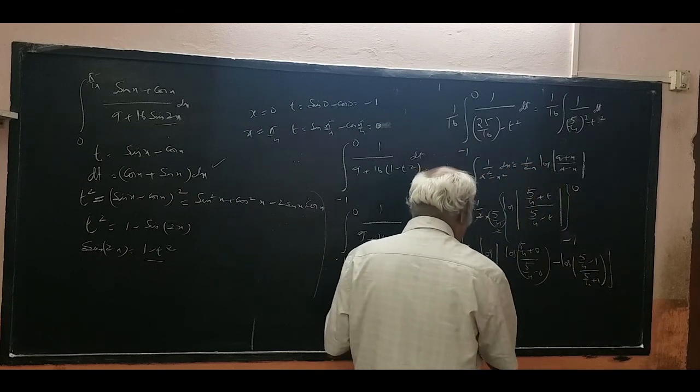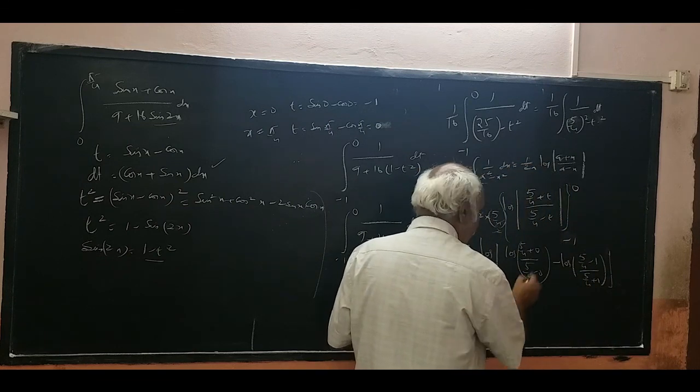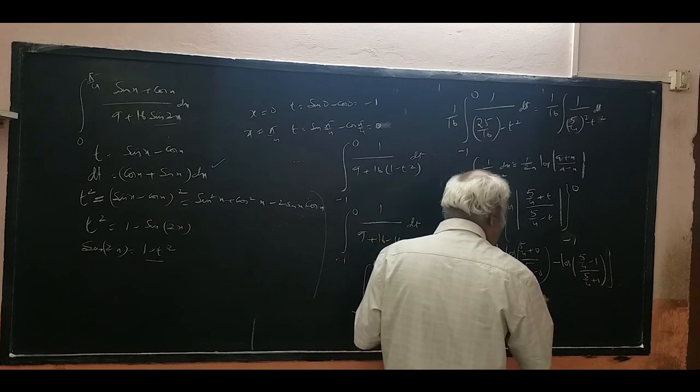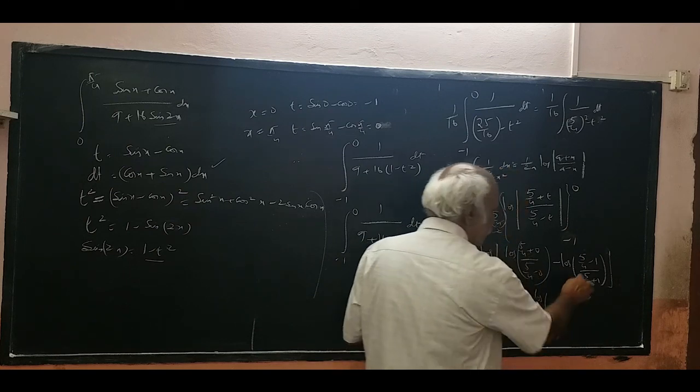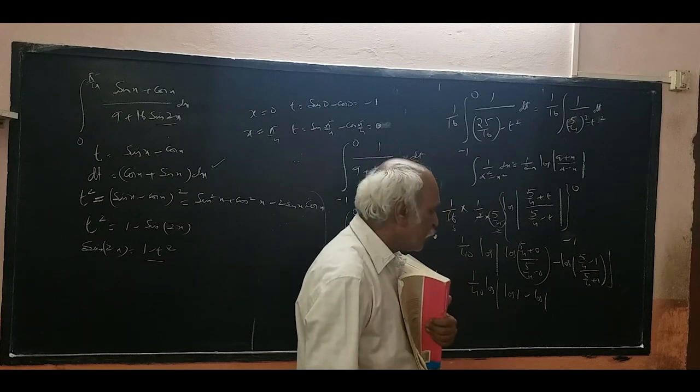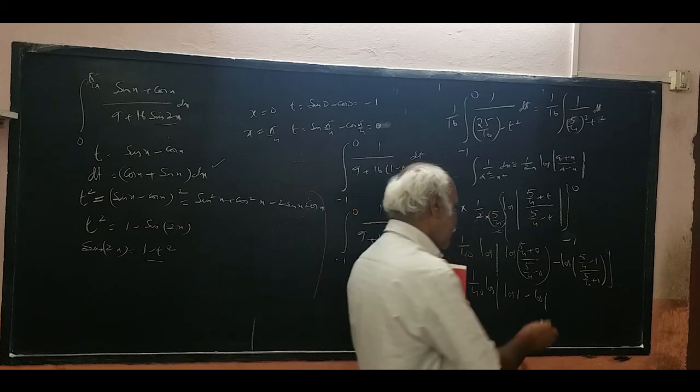So this will come 1 by 40 log of, this is 1, sir, log 1 minus, observe here, 5 minus 4 is 1, 1 by 4 will come, here 5 plus 4 is 9, so 1 by 9 will come.